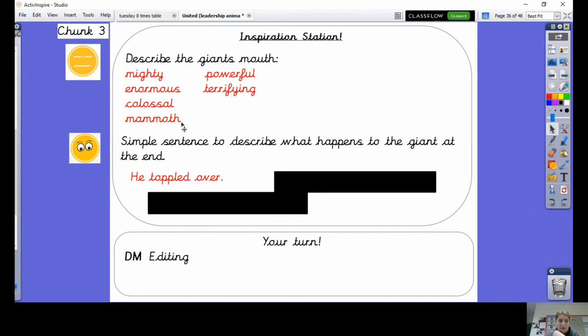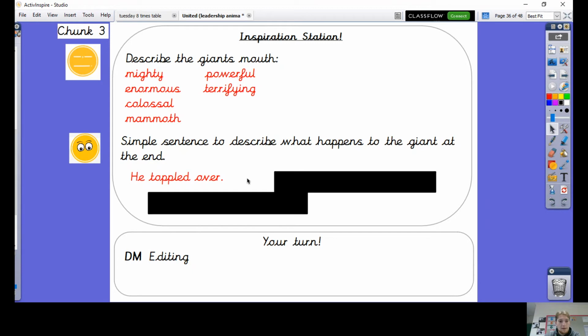Mammoth as well means very, very big. Just like if you know what the mammoth animal looks like, it's very, very large. So a mammoth mouth, you could almost say, powerful and terrifying, almost like it's quite scary to the ants, this big mouth that could suck them up at any time. Okay, so there are a few more if you want to take some of those.